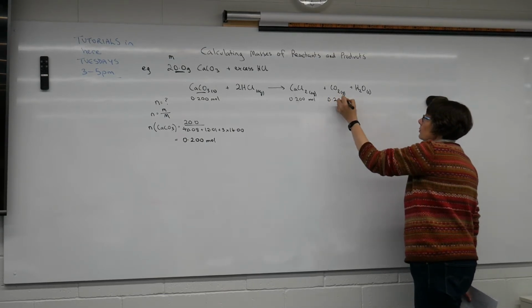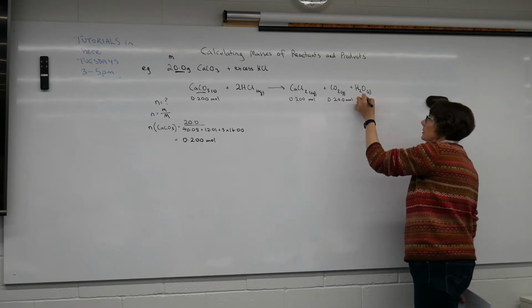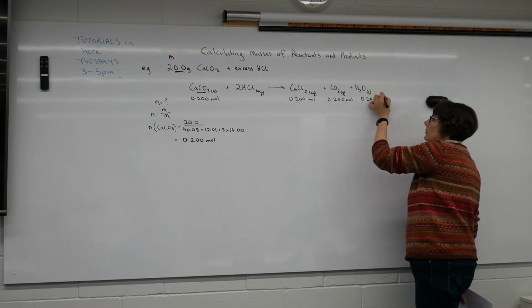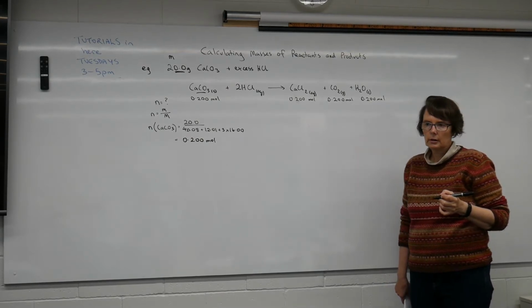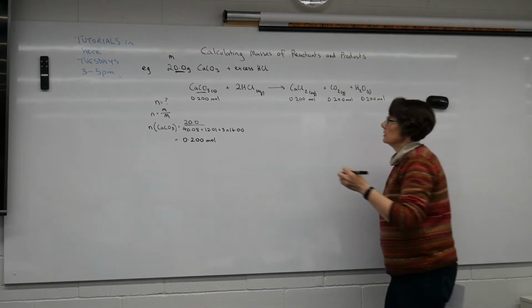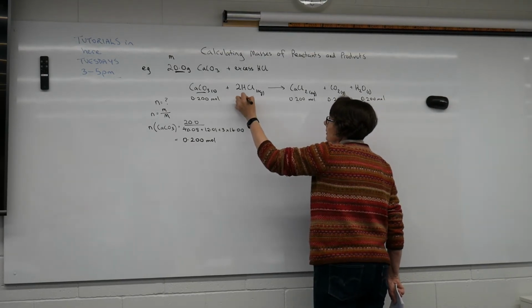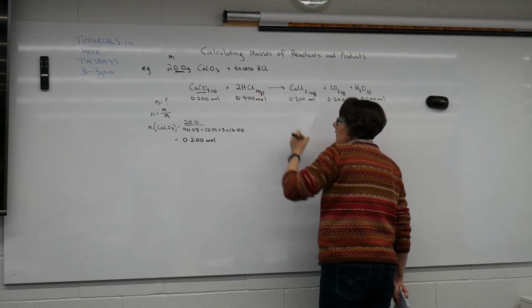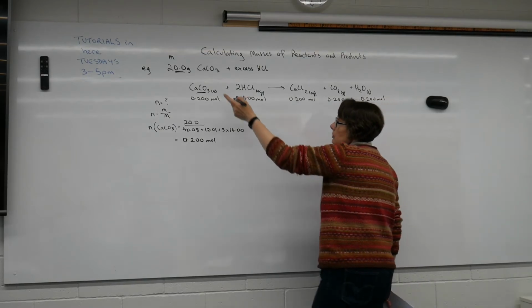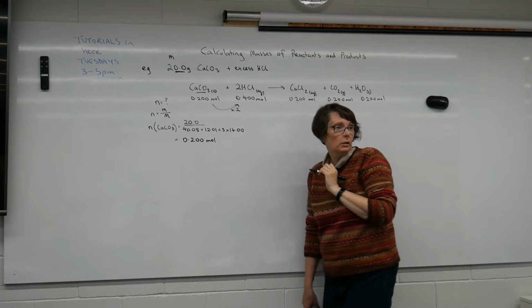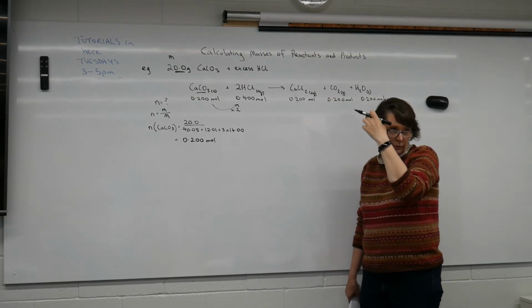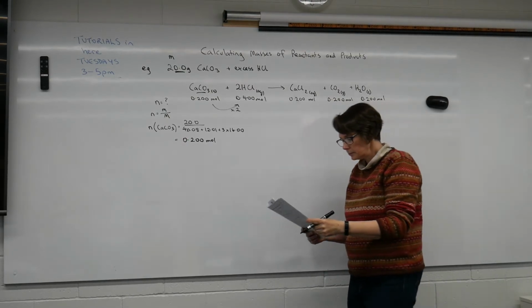And the water is the same. Now, even though it was in excess, how much of the hydrochloric acid did we actually use? 0.4. Because what we've had to do to go from here to here is multiply by the coefficient in front of the hydrochloric acid.